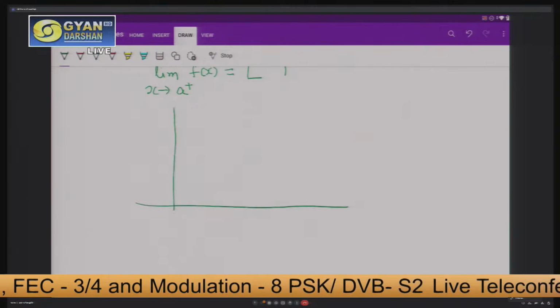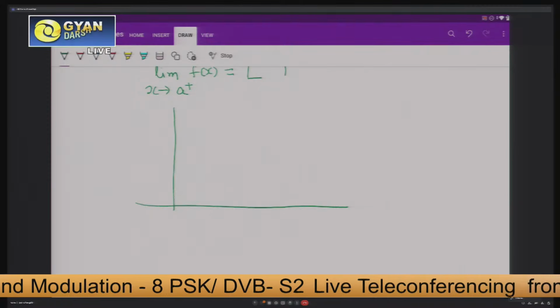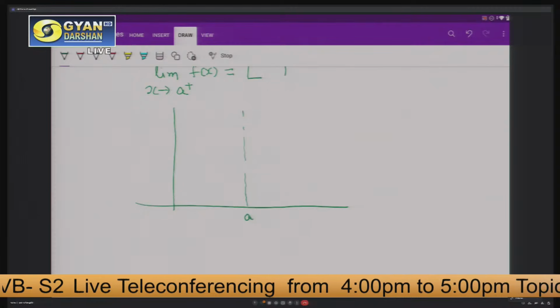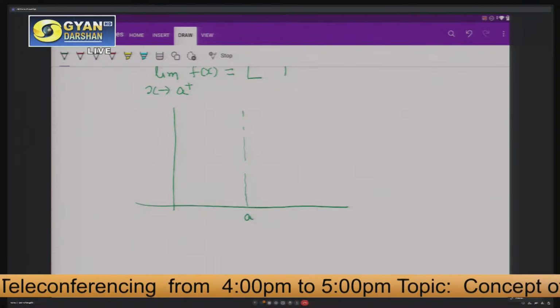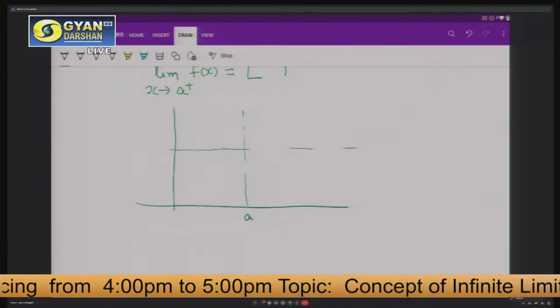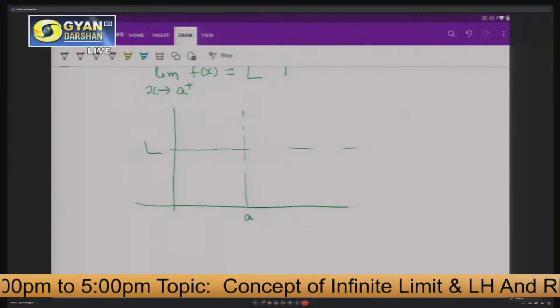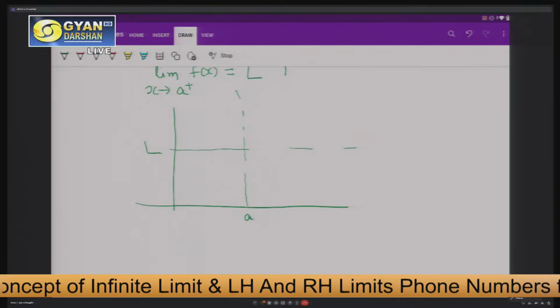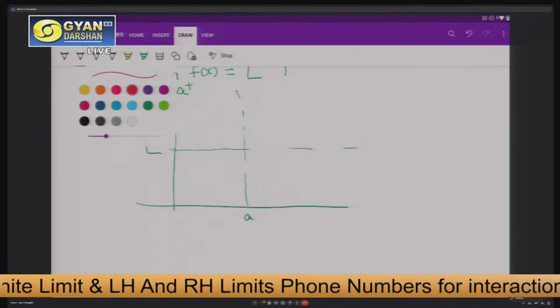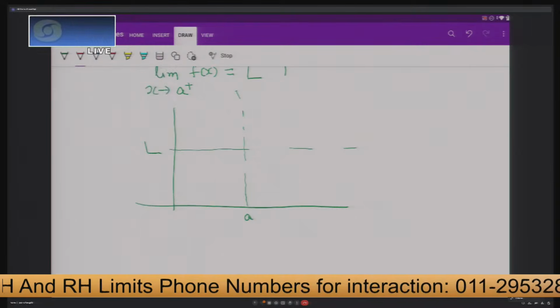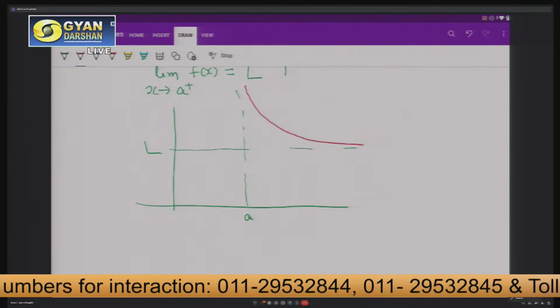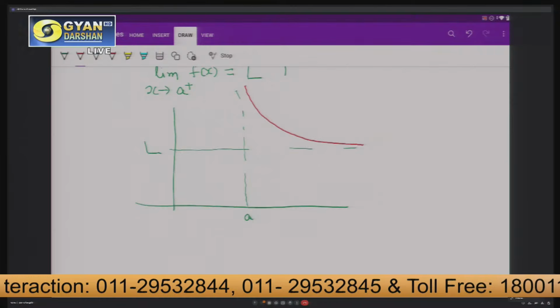Let us take one more example. There may be hyperbolic function, the value of a, and this is L. Now here the function shows it is a hyperbolic function.